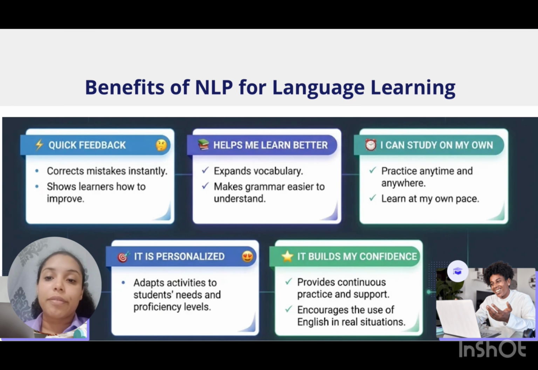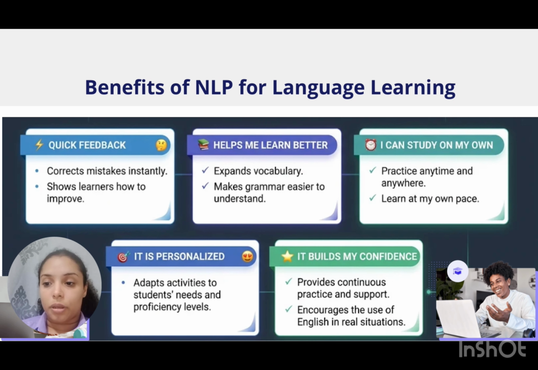Another benefit is that we can study online. We can practice anytime and anywhere. For example, I can study English at home after going to school.